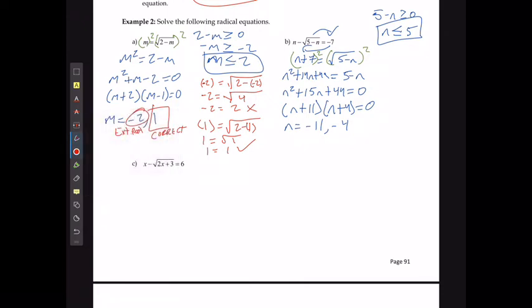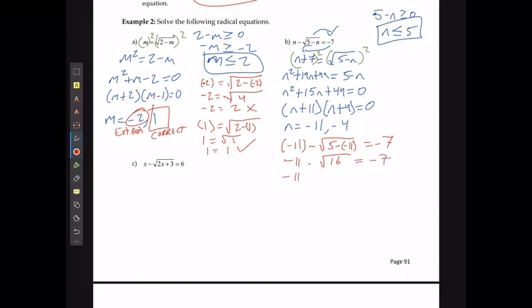Let's check these possibilities. So if I have -11 minus the square root of 5 minus -11 is equal to -7, -11 minus the square root of 16 is equal to -7. -11 minus 4 is equal to -7. -15 is not equal to -7, which means that that's going to be my extraneous root.